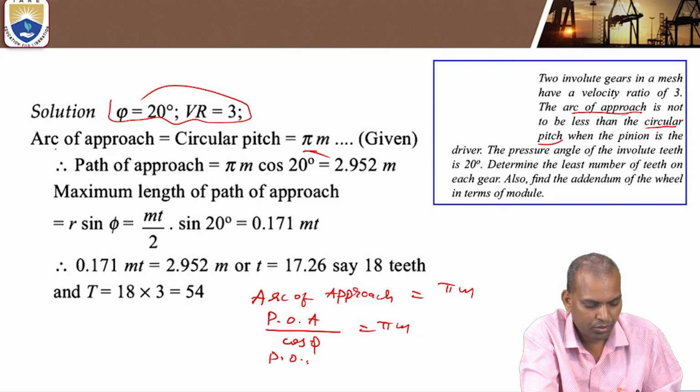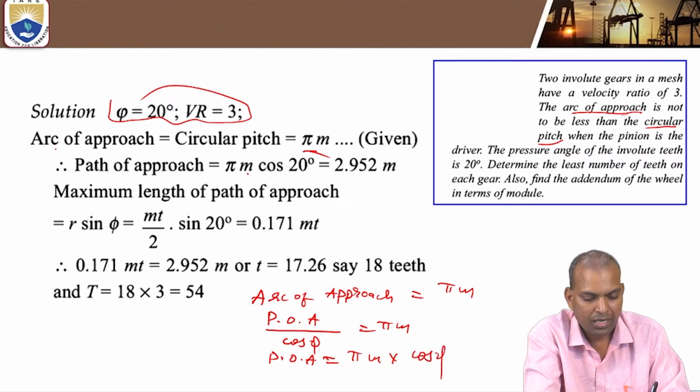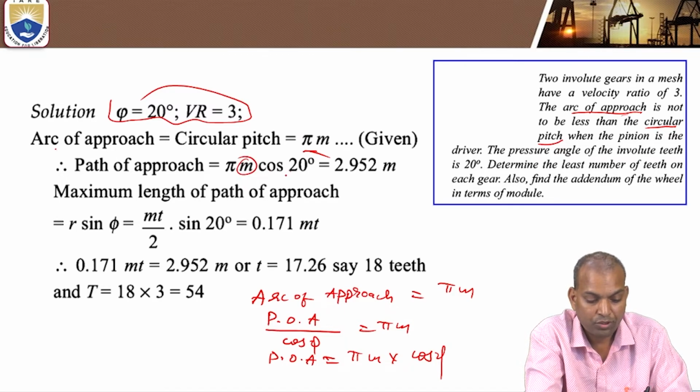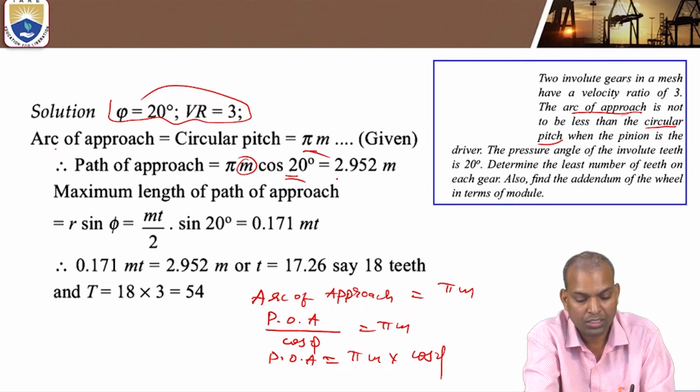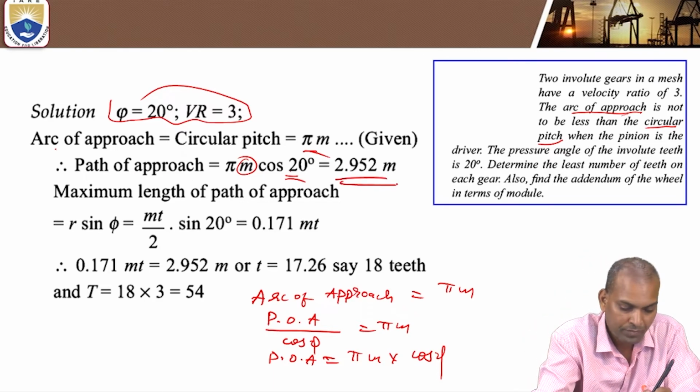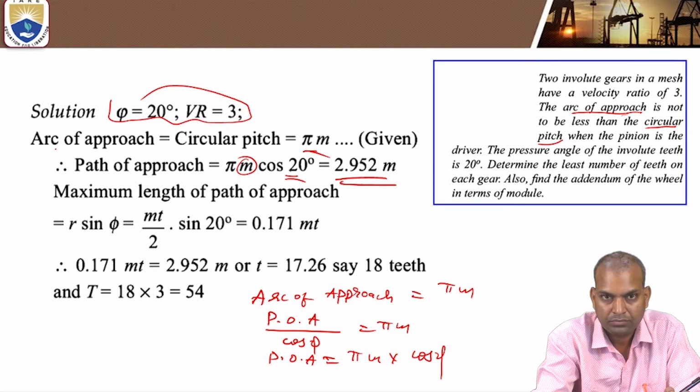Path of approach equal to pi m times cos phi. Now, what is the m? M not given. What is phi? Equal to 20 degrees. This path of approach comes in terms of module, that is 2.952 m.